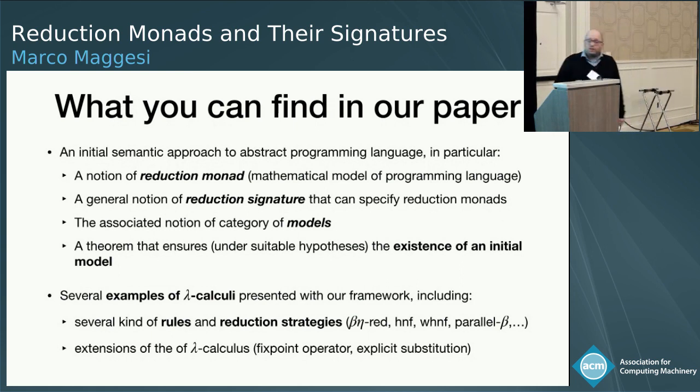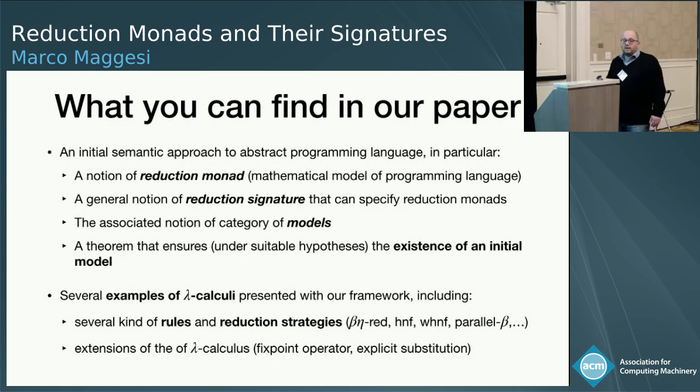And the second part of the paper is devoted to examples. So we have several kinds of lambda calculi, which are presented using our framework. And so we recover the classical things. For instance, I would say that we have two main classes of examples. One class of examples is about exotic rules and reduction strategies.